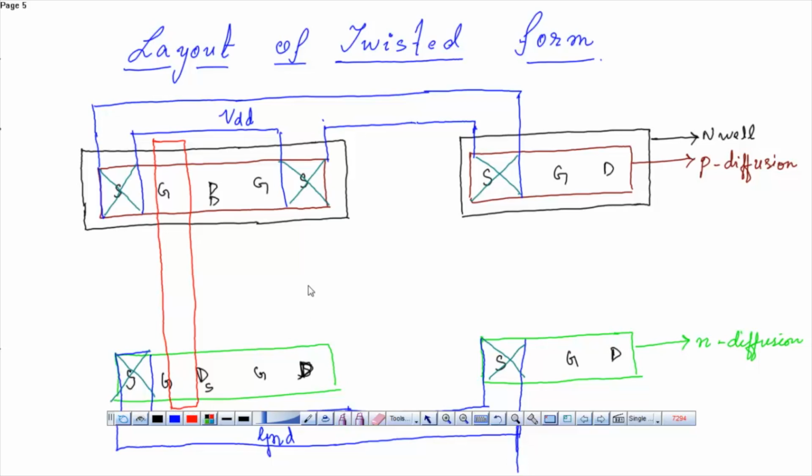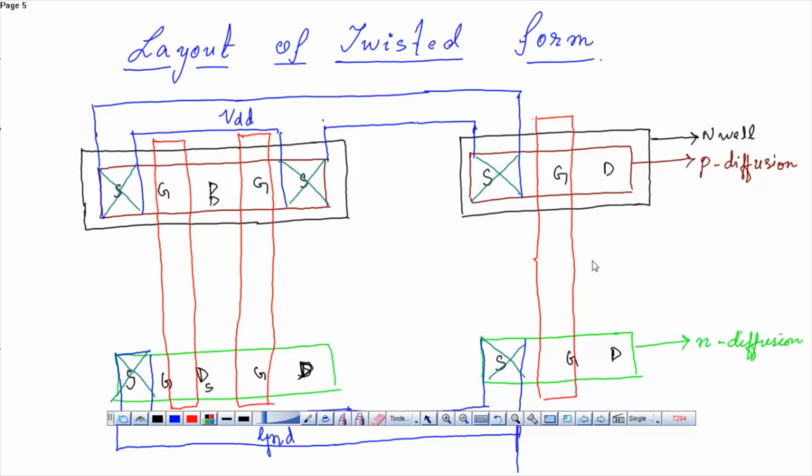Okay. Now these are the two drains, and again the two poly. Similarly, this is poly layer.